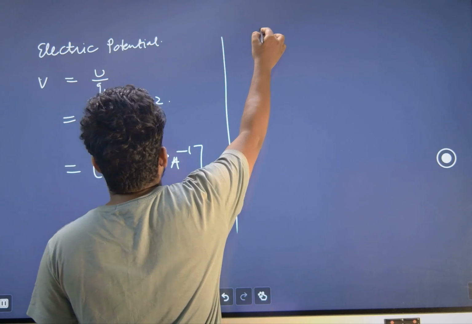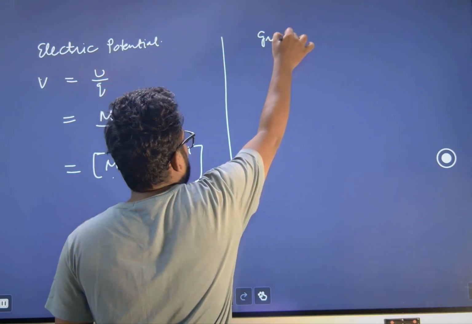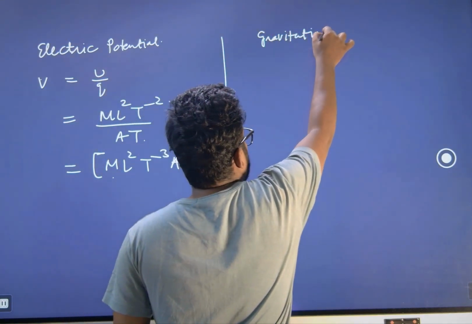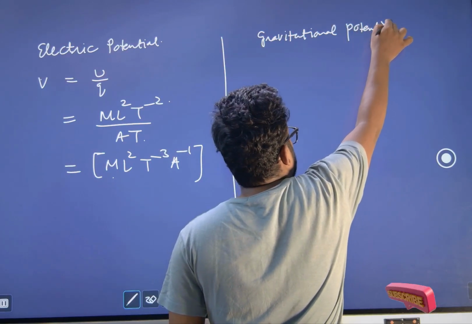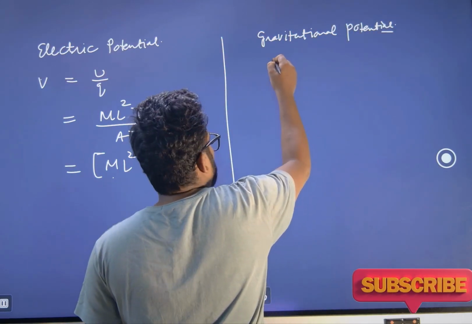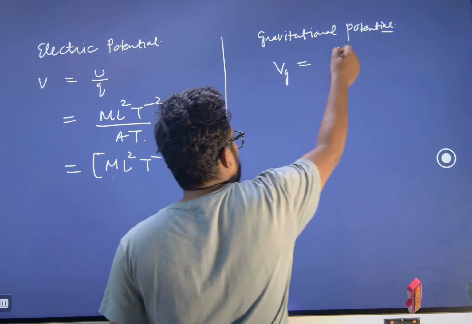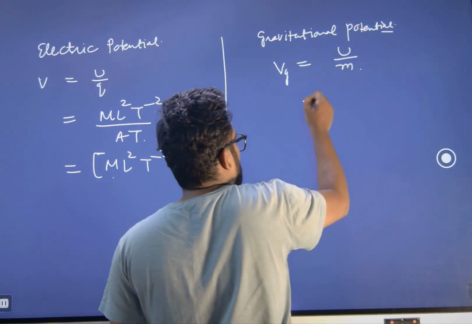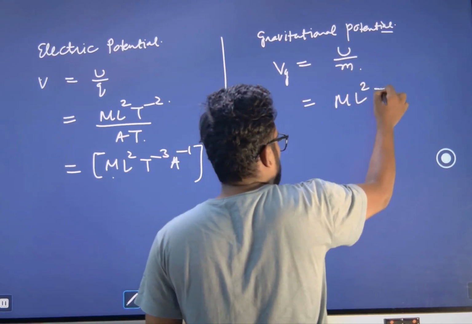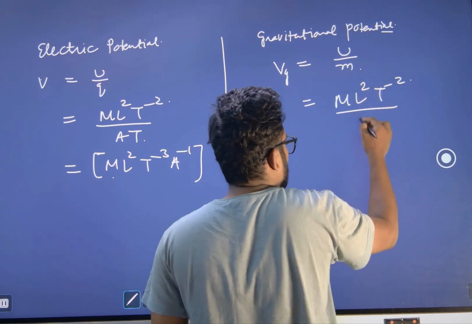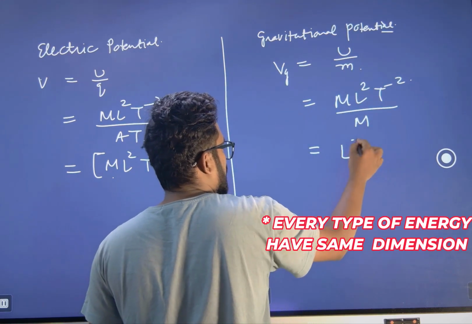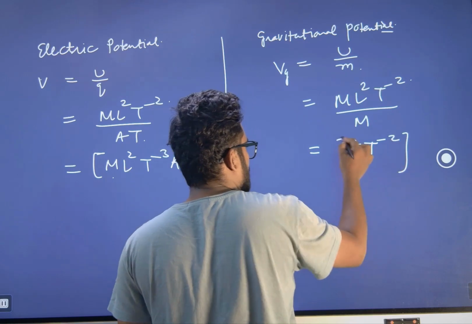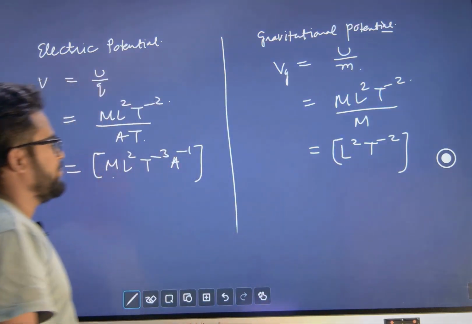If you talk about gravitational potential, it would be given by potential energy per unit mass. Potential energy again ML^2T^-2. Energy of every type has the same dimensions, so upon mass, so L^2T^-2.